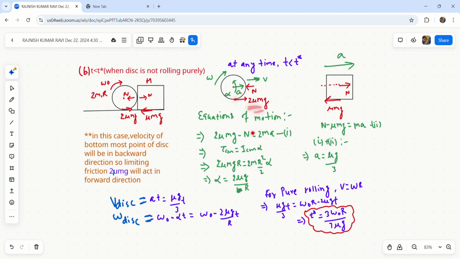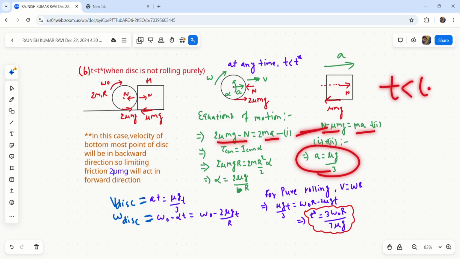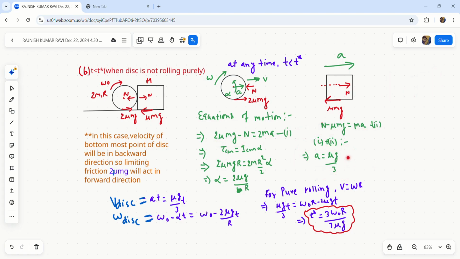If we write the equation of motion, force will be mass times acceleration. Similarly here, force will be mass times acceleration. Adding these two equations, the acceleration will again be mu g by 3. For the whole time t less than t star, this system will move forward with acceleration of this value.